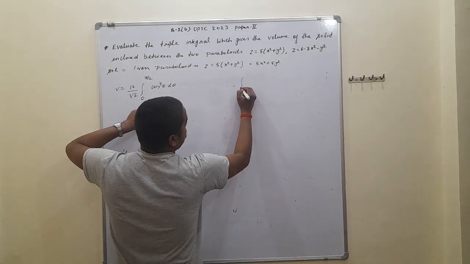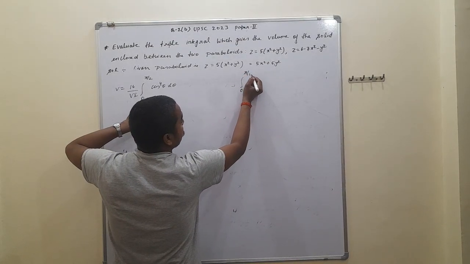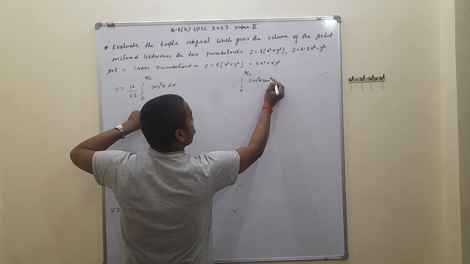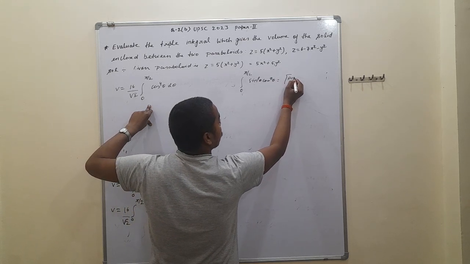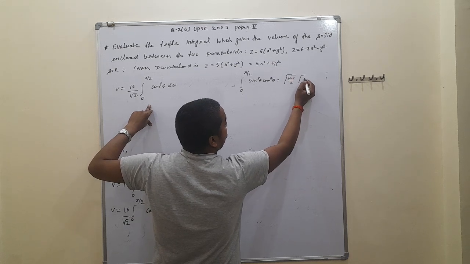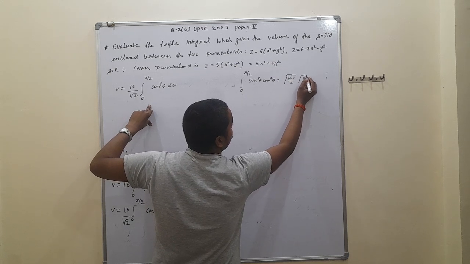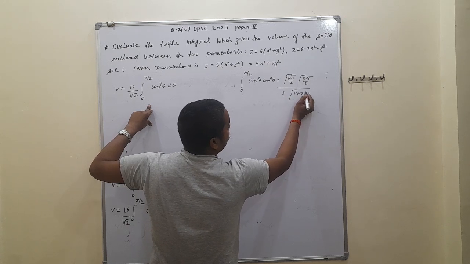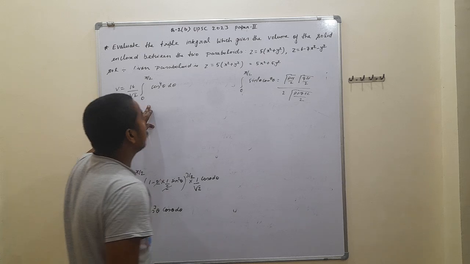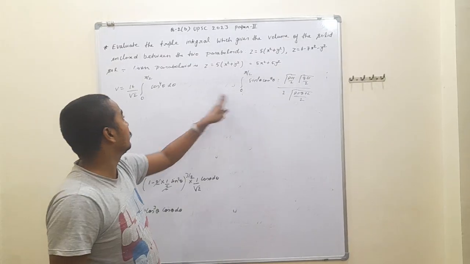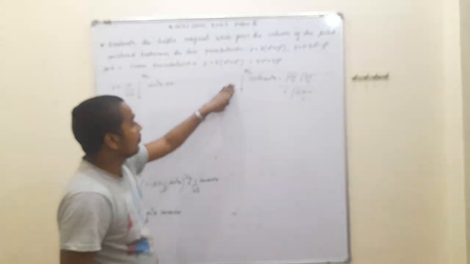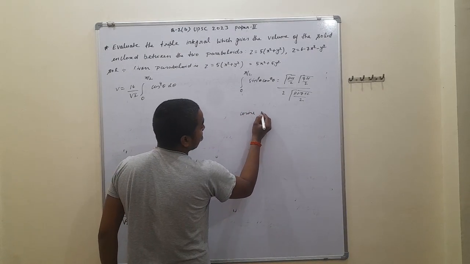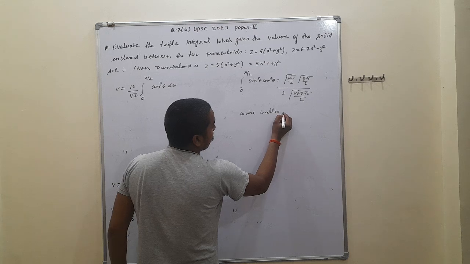First, we know that the integral from 0 to pi by 2 of sin to the power p theta cos to the power q theta is equal to gamma of (p plus 1) by 2 times gamma of (q plus 1) by 2, upon 2 gamma of (p plus q plus 2) by 2. We can use this formula to proceed, and we should also know the cosine Wallis formula.